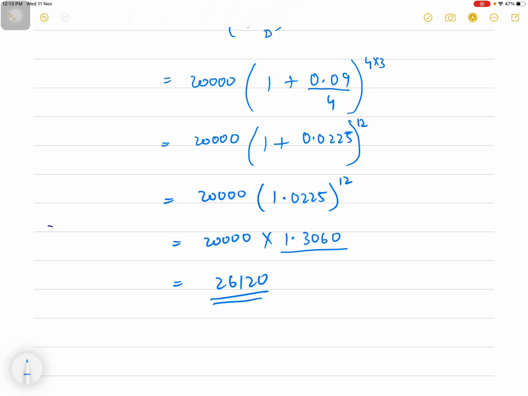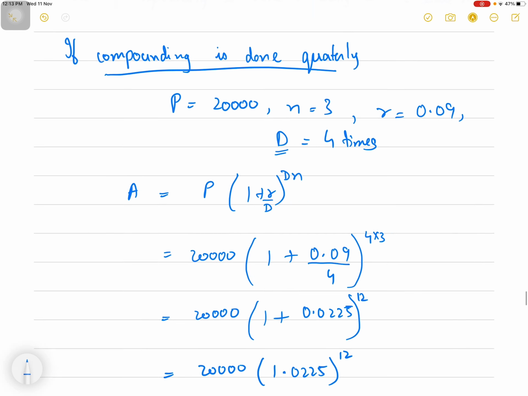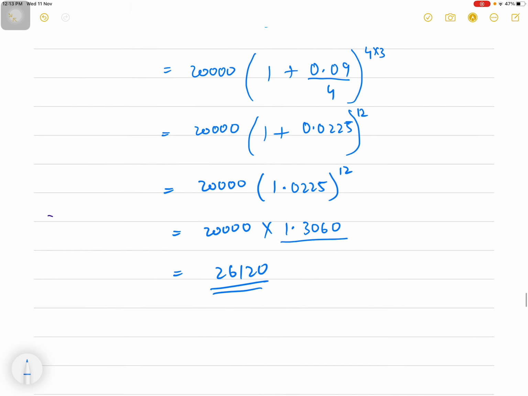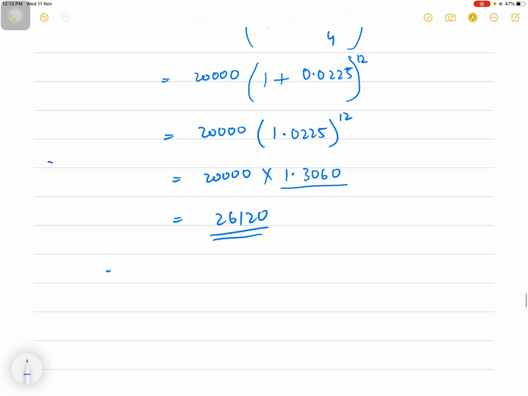When you take all the decimals, it comes to 26,121. That's okay. You are asked to find interest. So interest is amount minus principal.